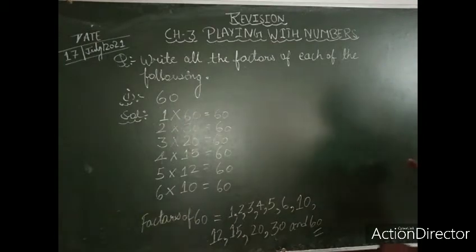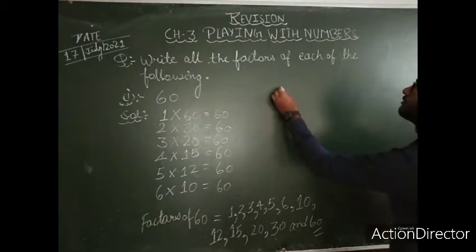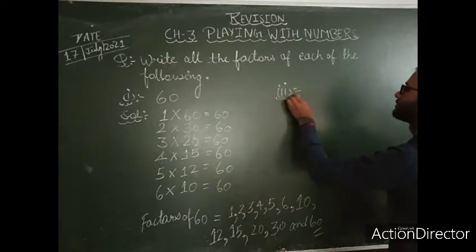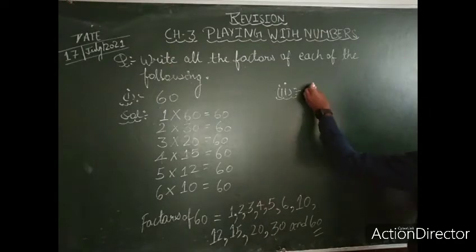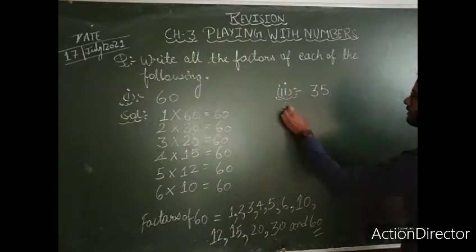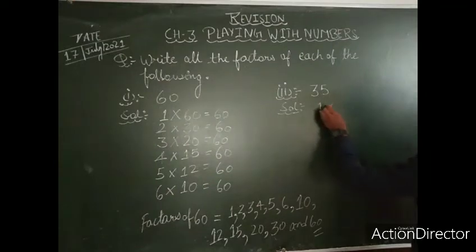Okay, now we take another example related to finding the factors of the following numbers, and here we take 35. First we start from 1, so 1 multiplied by 35, we get 35.